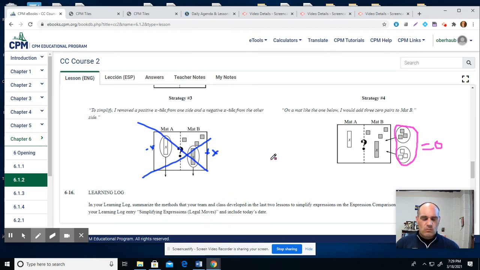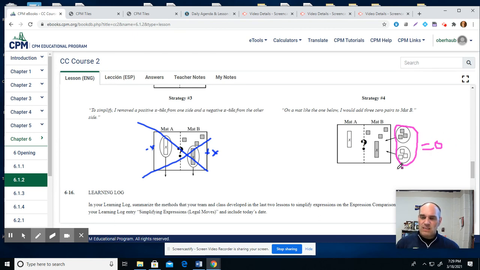So just to recap, once again, I know I've said a lot, but this is crucial for what we're doing. If I'm going to take things off of both sides or add things to both sides, they have to be the exact same thing. Or we could do 0 pairs, which I take off. But in this question, I can also put on 0 pairs, and it doesn't change the value because that's worth 0.